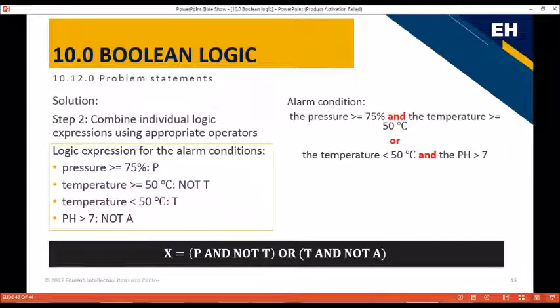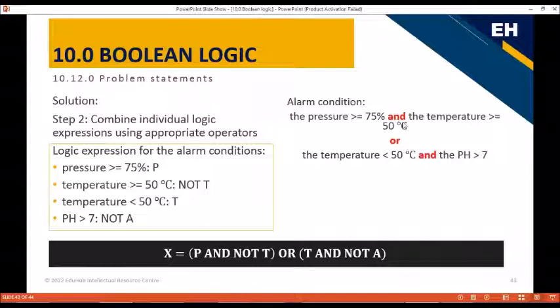Step 2. Combine individual logic expressions using appropriate operators. Now the logic expression for the alarm conditions is gotten as follows. Now the alarm condition, we have pressure greater than or equal to 75 and the temperature is greater than or equal to 50 degrees.